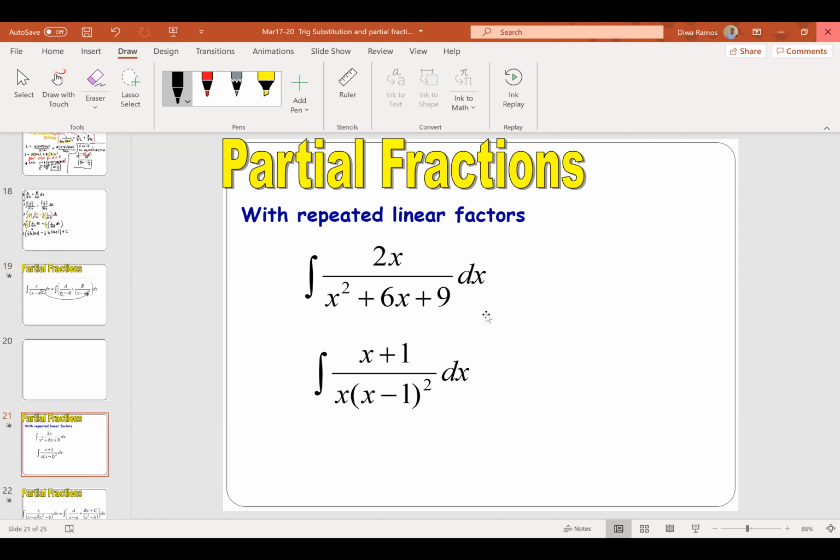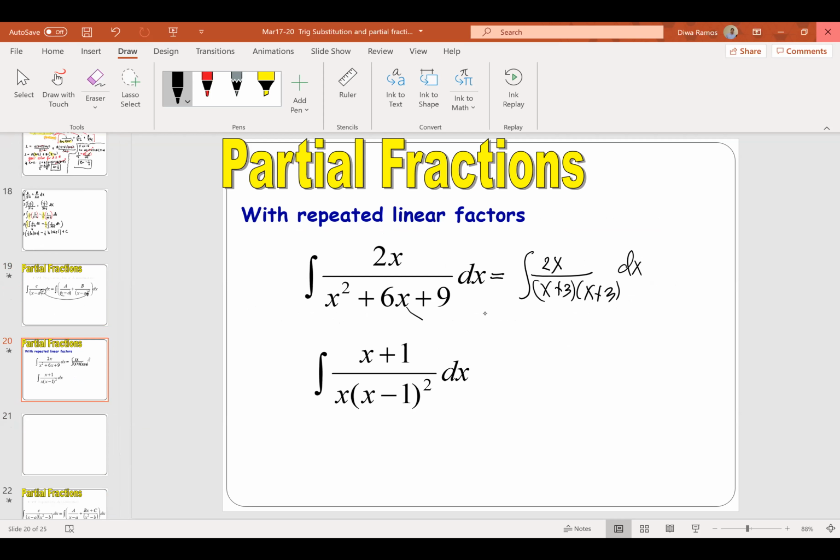Okay, so let's take a look at this. Maybe we can pick one. We can rewrite this as the integral of 2x over x plus 3 times x plus 3 dx.